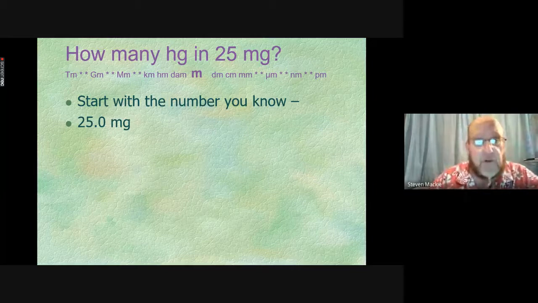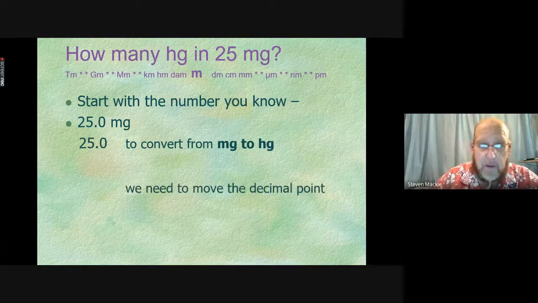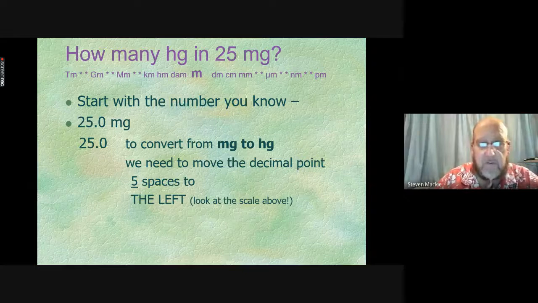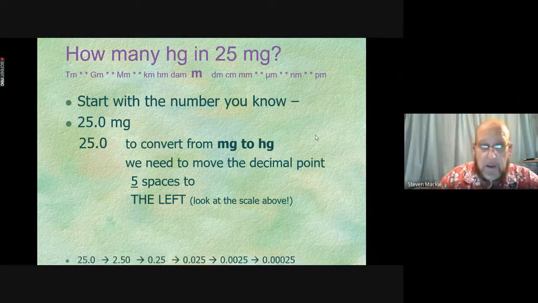All right, so we started with the number we knew, 25 milligrams. Convert from milligrams to hectograms. We need to move the decimal place 5 spaces to the left. We're looking at the scale above. 1, 2, 3, 4, 5. Okay, and there it is.